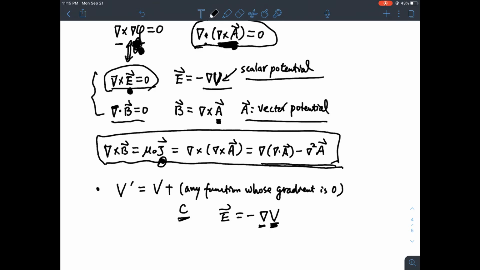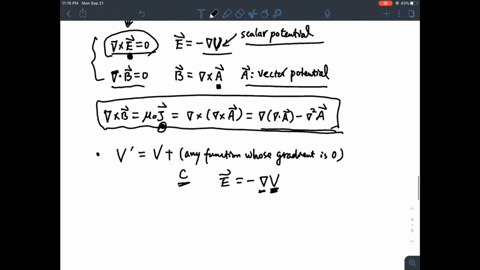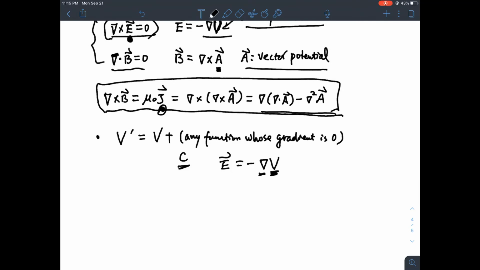We can define a value, but then we add any constant to every point, and it shouldn't really change the physical quantity, the electric field that we wanted to measure. This is something very important, and this is for the electric field.